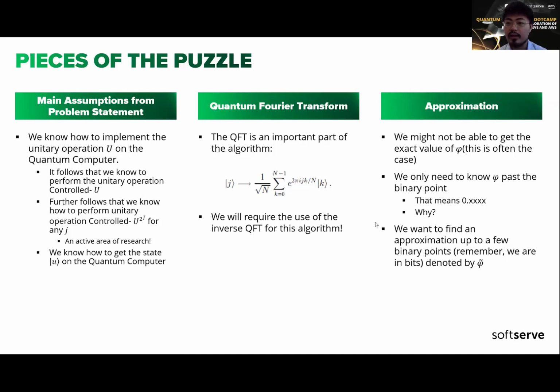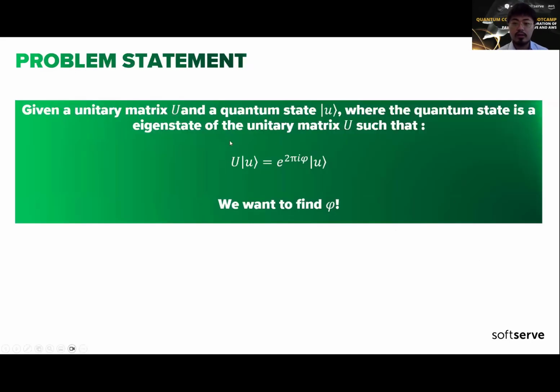Okay, the last thing that we'll need to know is that we might not be able to get the exact value of phi. And this is actually often the case. Why is this so? If we look at this phase operation over here, this phi does not necessarily need to be some sort of fractional value or anything like that.